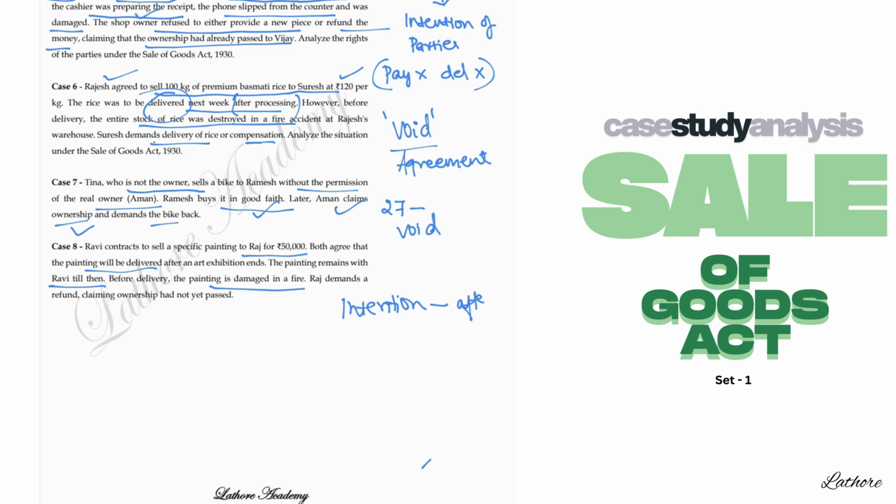So ownership had not yet passed to the buyer, Raj, and the risk remained with Ravi, and Raj is entitled to a refund, as he has not become the owner.